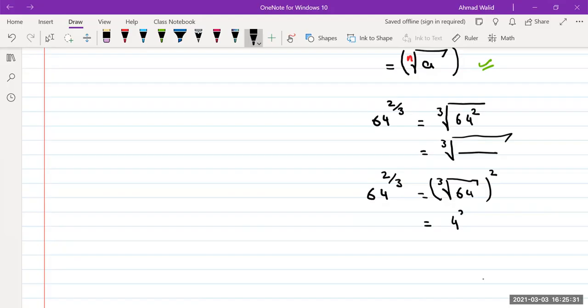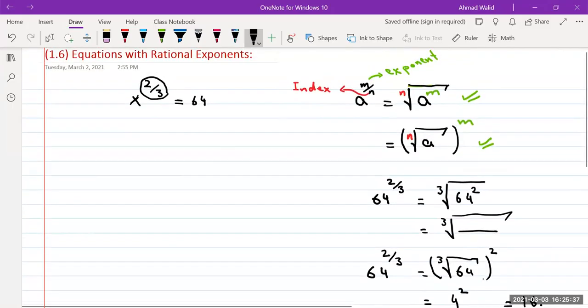Then 4 squared gives me 16. Whichever way you use it, you have two options. I hope you remember it. It was one of the rules of radicals and rational exponents, correct? Okay, one rule to remember.